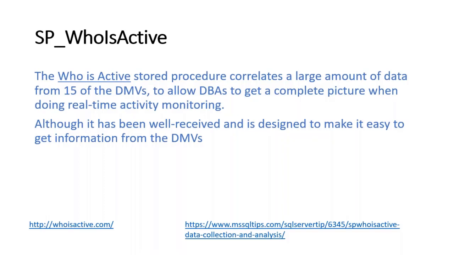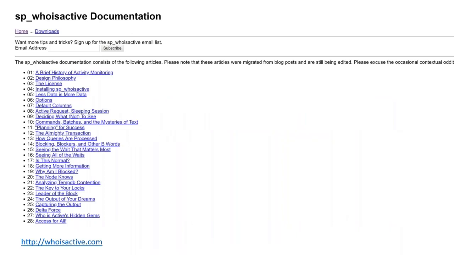With sp_WhoIsActive, you can just go there, apply it, and run it with no parameters. Then there are additional options that we can use to tune or to filter and this kind of thing. But definitely, sp_WhoIsActive by Adam Machanic is a must-have tool.